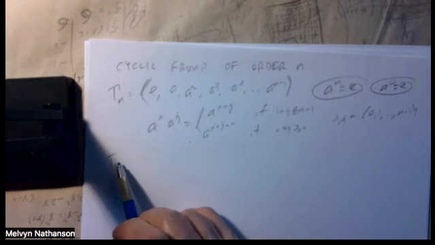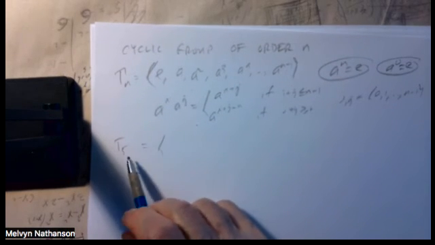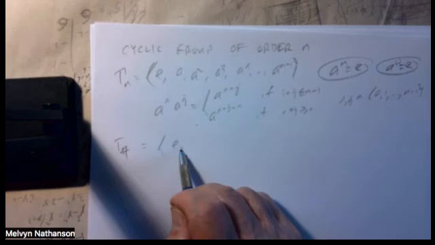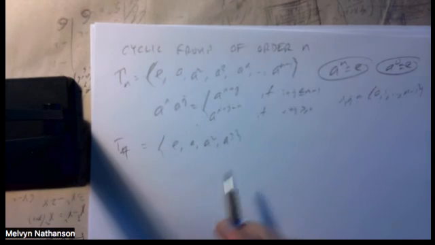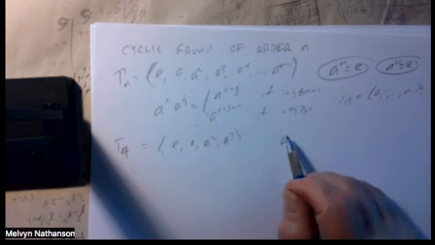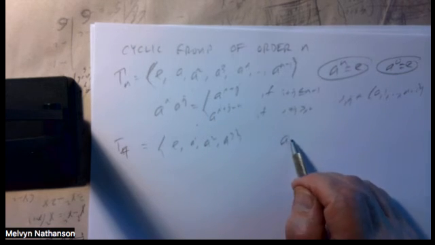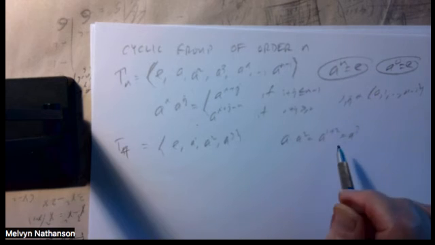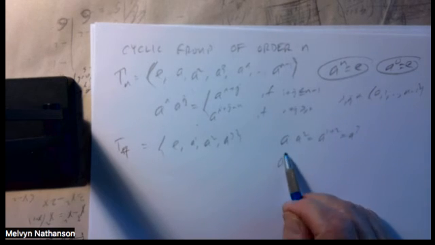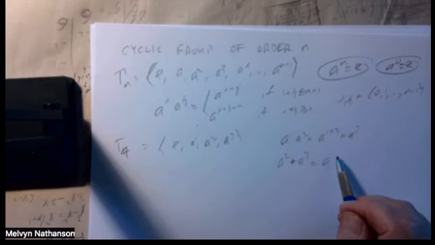So for example, what is the cyclic group with 5 elements? Well, I'll make it 4 elements. It's e, a, a squared, and a cubed. So a means a to the first power, of course. So a times a squared is a to the 1 plus 2, or a cubed. a squared times a cubed would be a to the 2 plus 3 power.